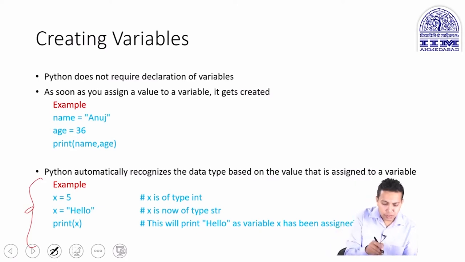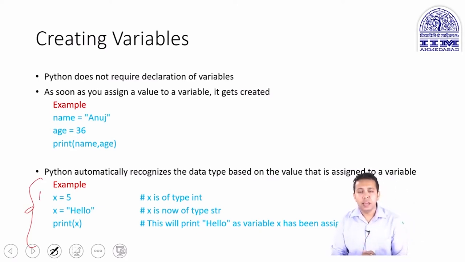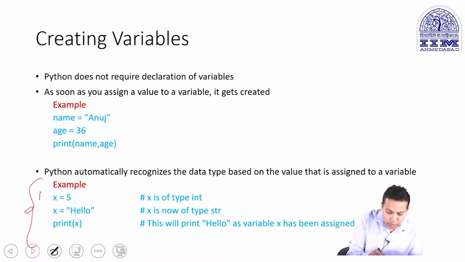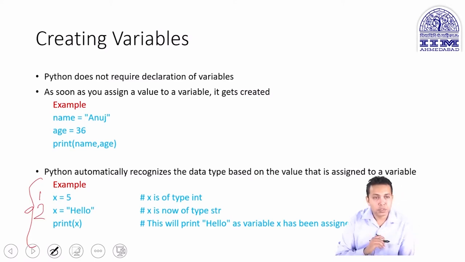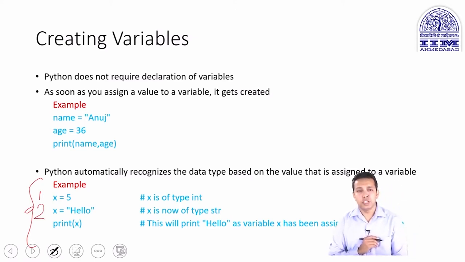So, in the first statement, x is of int type. However, in the second statement, x becomes of string type. So, 5 is replaced and hello is rewritten, and the type of x is now string, str.